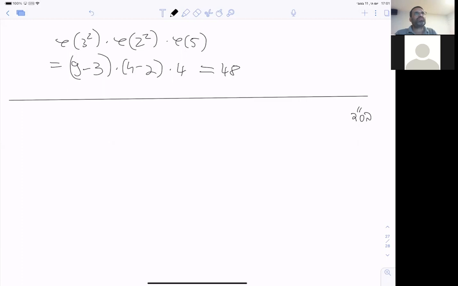So we want to talk today about order of elements in a group.